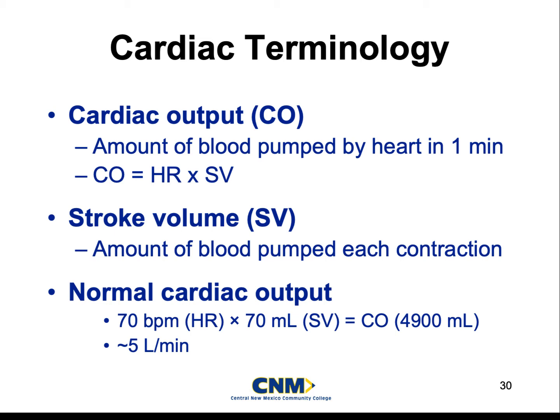And the average adult male has anywhere between about 5 or 6 liters of actual fluid in the body. So we're pumping right around 5 liters per minute in our average adult male, based on a heart rate of 70 beats per minute and a stroke volume of 70 cc's.